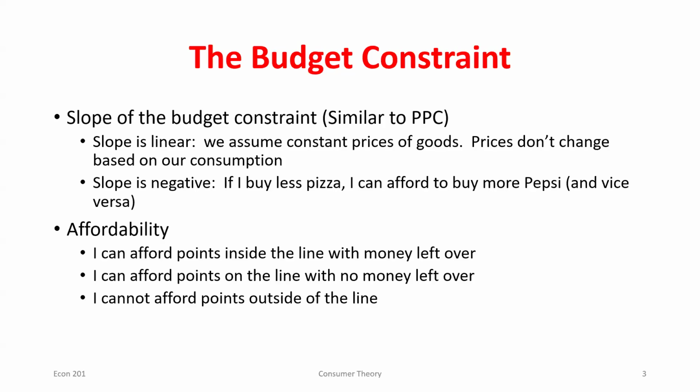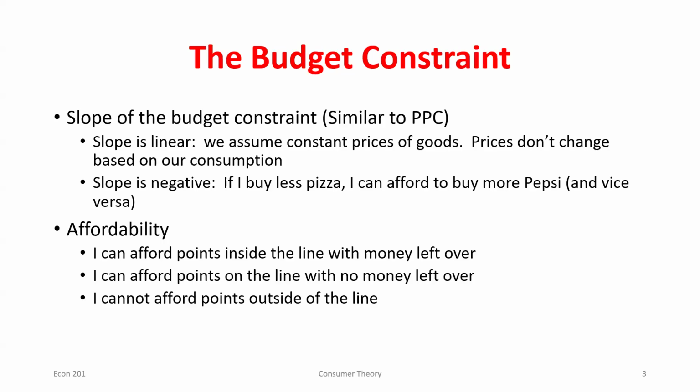Anytime I want the slope, I'm looking at a graph, it's the change in Y over the change in X, right? So it's as simple as looking at the change between these two points, which would give me what? The change in quantity of Y, which would be 8 to 0. Change in X, I was going from 0 to 20. So I'd have negative 0.4, if I'm doing math in my head correctly here.